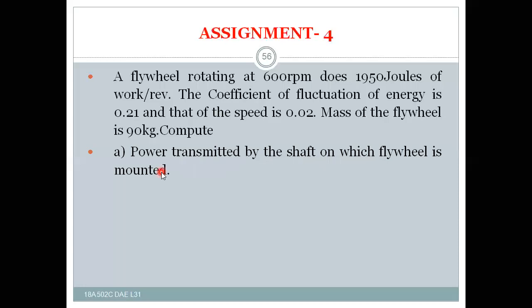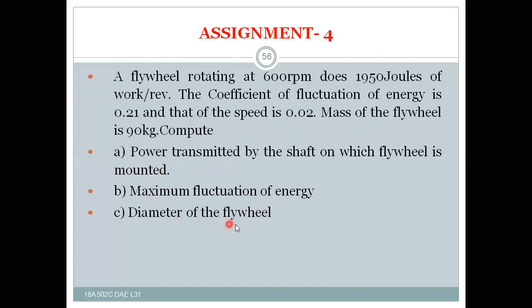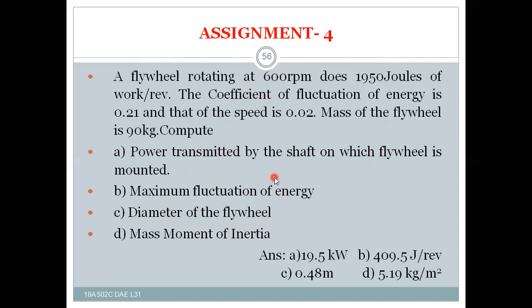So you have to calculate the maximum fluctuation of energy, and the diameter of the flywheel also you can calculate. This also we can do very easily, and the mass moment of inertia also we can calculate. We can solve this problem without any difficulty. So right, here are the answers. We can solve this problem.